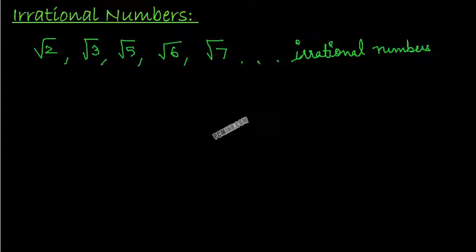So one is square root numbers which are not perfect squares, and then we have some of the famous constants like pi and e. These values are also irrational because if you look at pi, its value is 3.141592653 and so on.